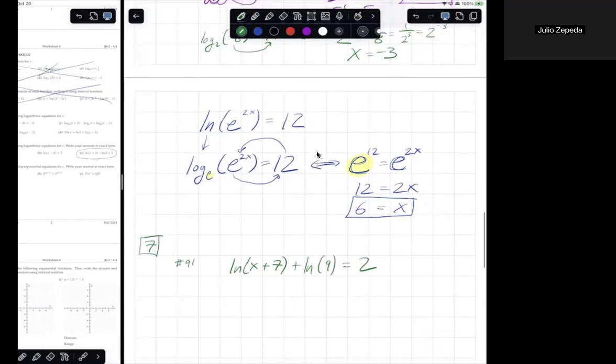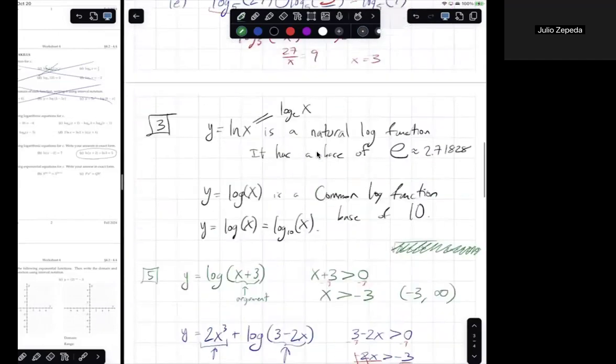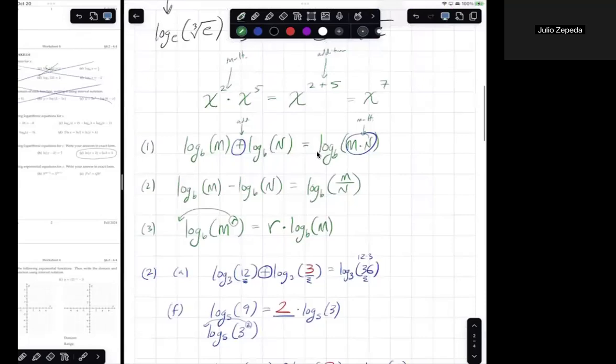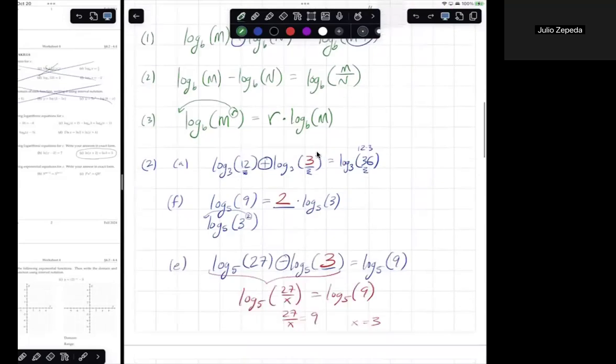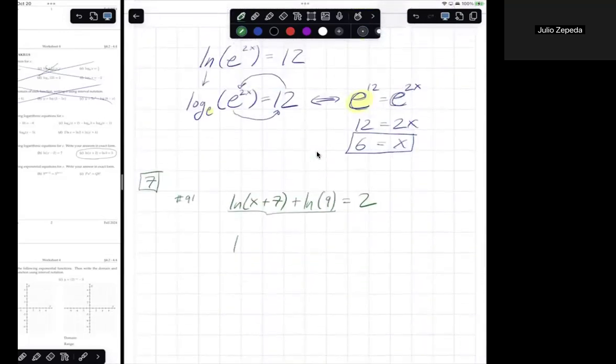We'll just go over this one since it's the most complex one. We can add these two logs together. Earlier we said there's a property for adding logs, which is to multiply the arguments. So I can combine these two logs by multiplying the 9 by the x plus 7.